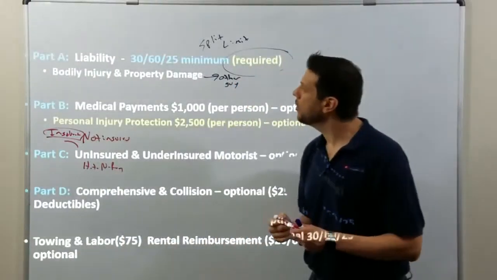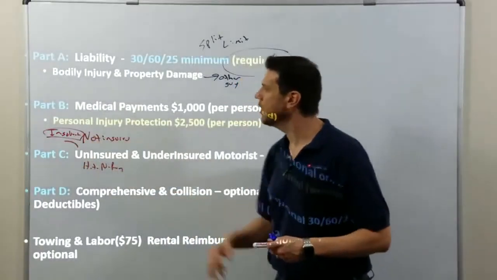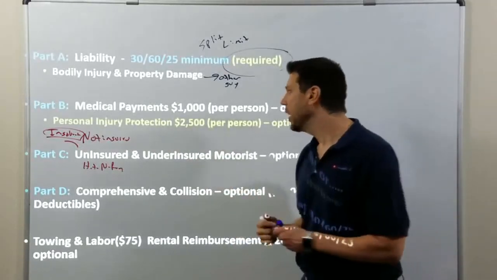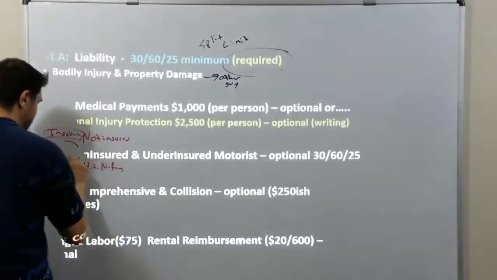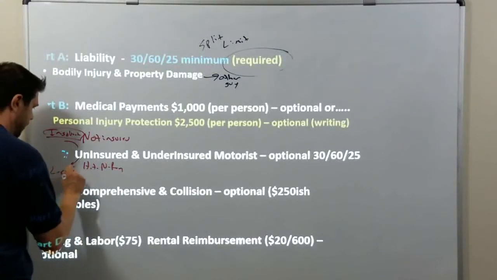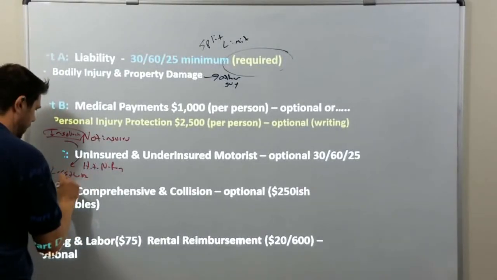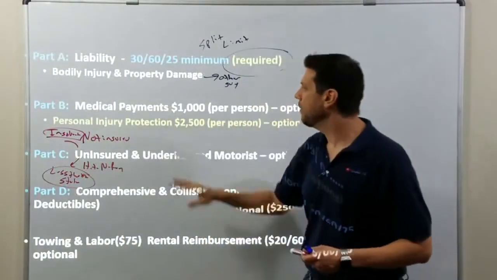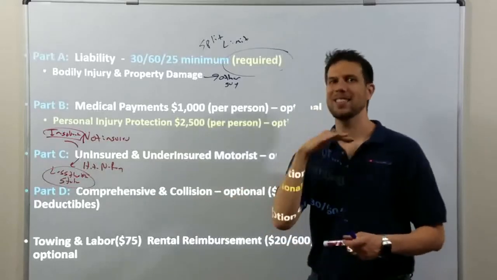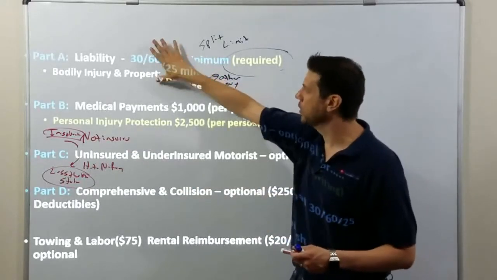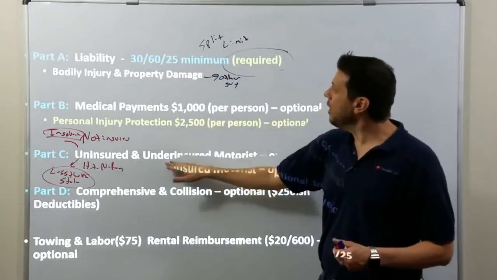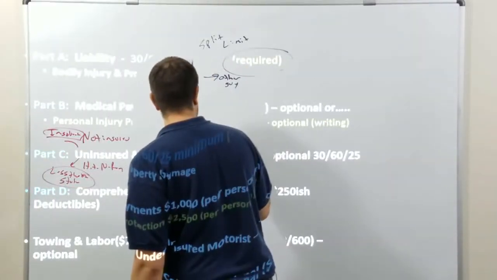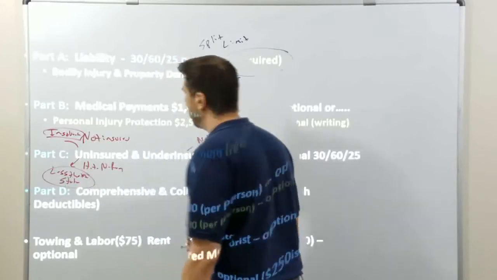So if they hit you and their insurance company is insolvent, just like they don't have insurance, or if they have less than the state minimum. If they're driving on less than the state minimum limits, that falls under uninsured because that's illegal. You can't have under the state minimum. Underinsured is if they have not enough, but it is above the state minimums.